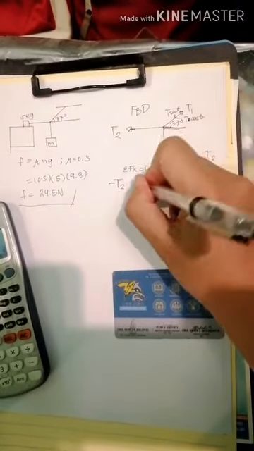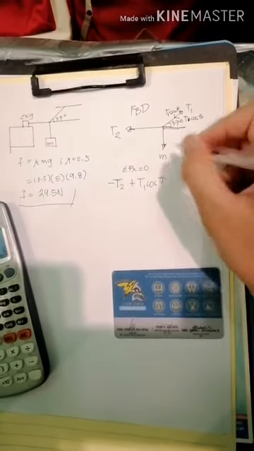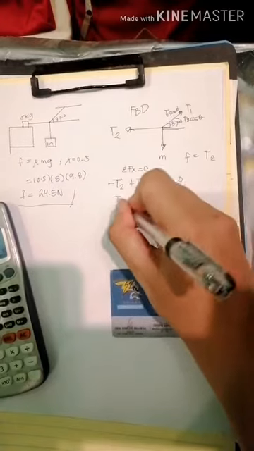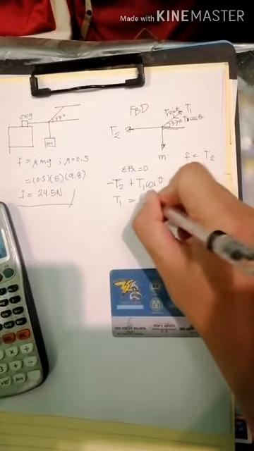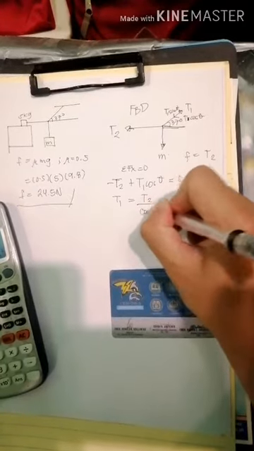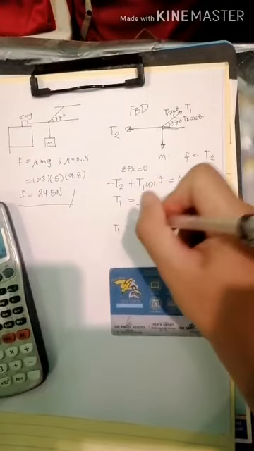Tapos, pakanan to plus T1 cosine theta equals to 0. So, T2 is equals to T1 cosine theta.